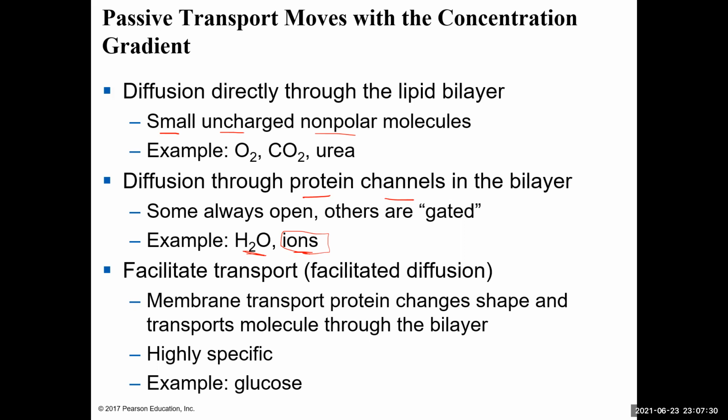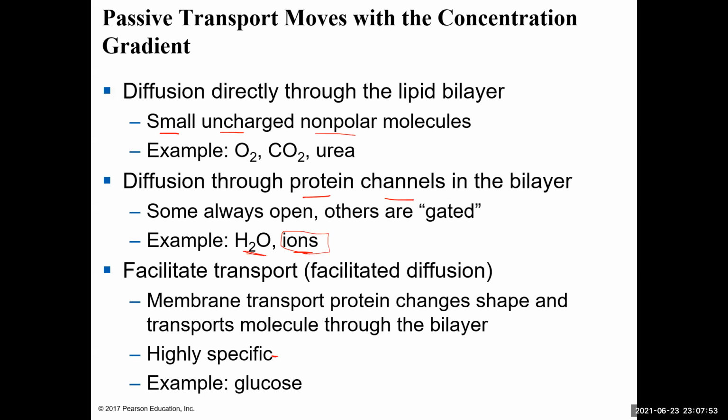Then you could also have what's called facilitated transport or facilitated diffusion. This is where you have a protein that changes shape and transports the molecule through a bilayer. And because it has this shape recognition, these are highly specific molecules that are going to travel through.